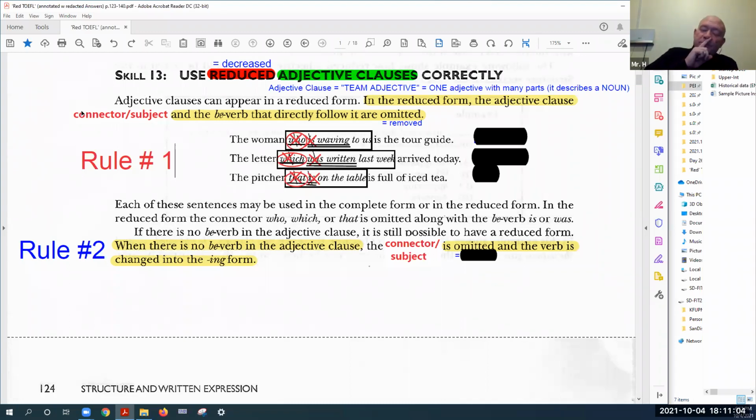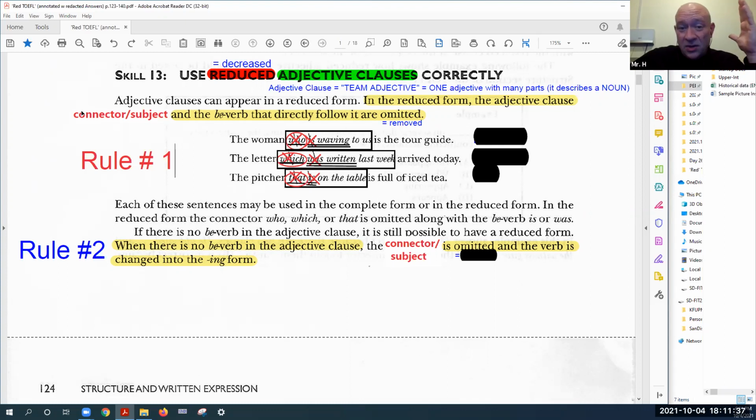Now, basically, when you reduce or decrease an adjective clause, it's the same idea that we studied in the green book. It's skill 3 and skill 4. Okay, in the red, skill 4 and 5. What were those skills?